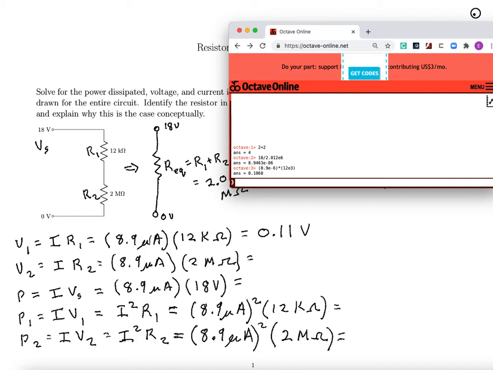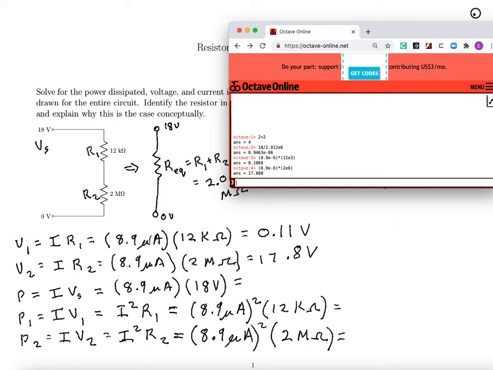And then 8.9 E minus 6 times 2E6 for 2 mega ohms, 17.8 volts.